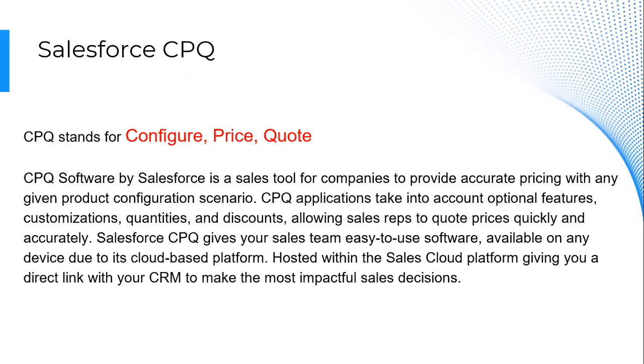The CPQ application takes into account optional features, customizations, quantities, and discounts that allow sales reps to quote quickly and accurately. Salesforce CPQ gives your sales team easy-to-use software that is available on any device because it is cloud based. Since it is hosted on the Sales Cloud platform, it gives you a direct link between your Salesforce CRM and your CPQ software that will help your sales team make the most impactful decisions.